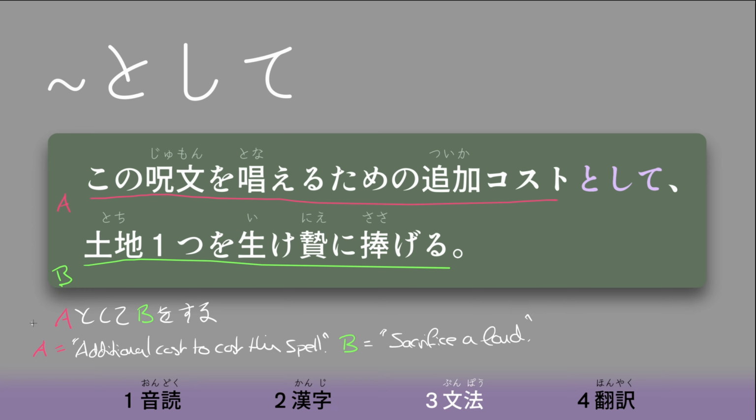So what this grammatical form is saying is do B where the role of B is A. In other words, it's saying do B as A.